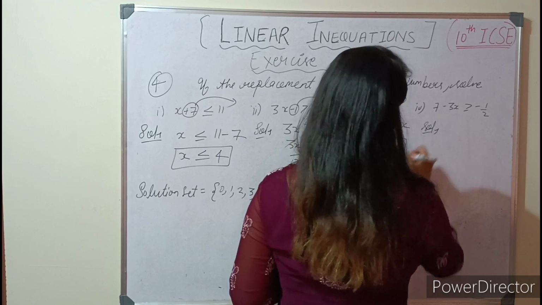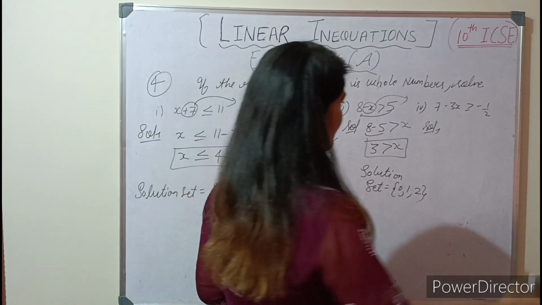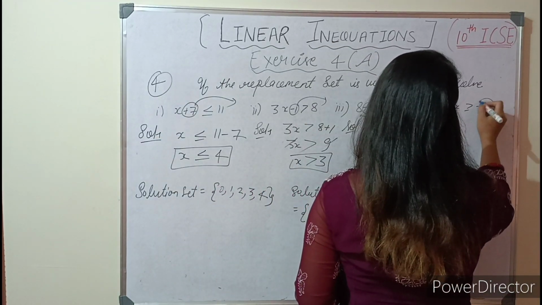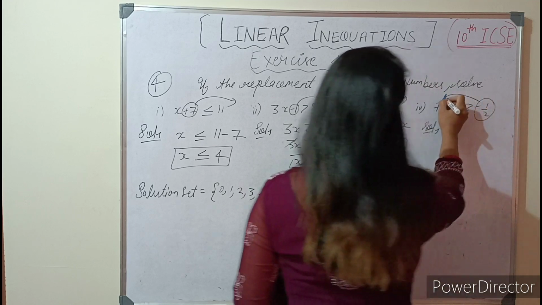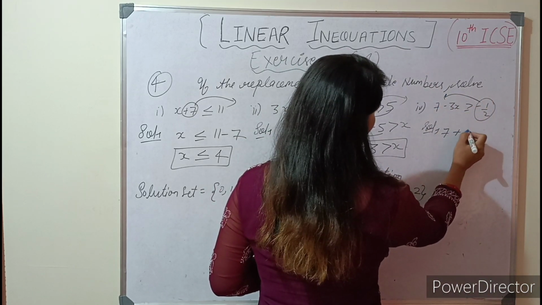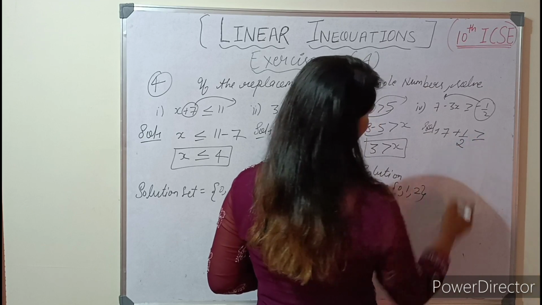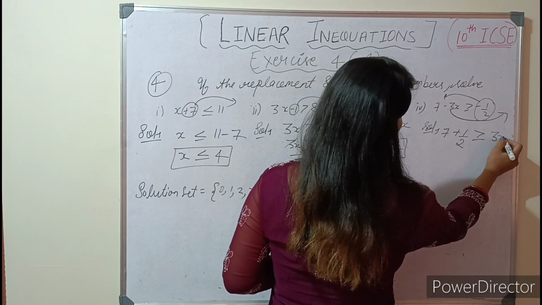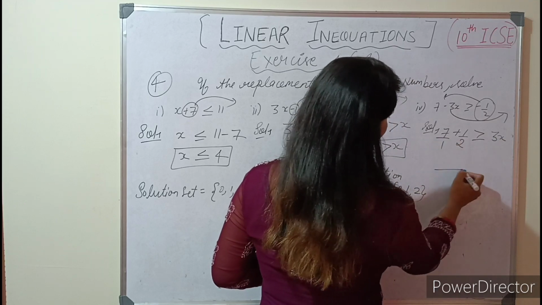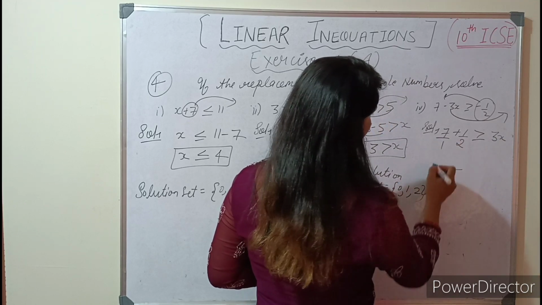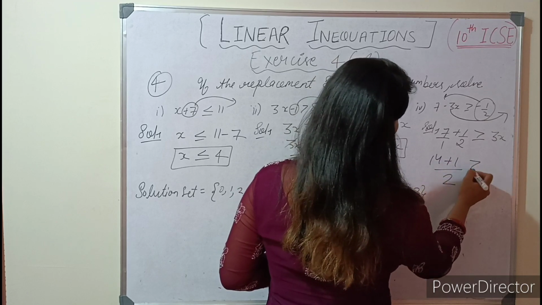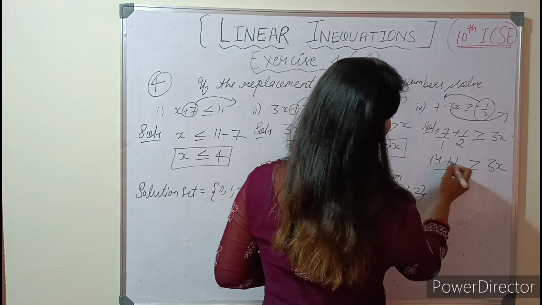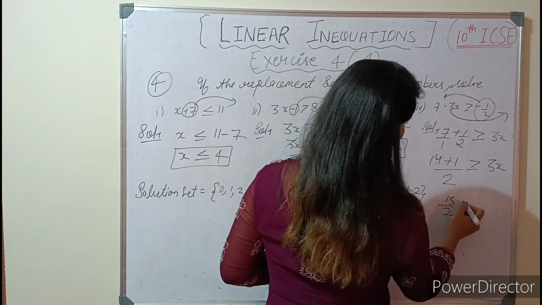Now moving to the fourth part. So here again you need to find the value of x. So in this case you will see this is minus 1 by 2. It will come this side. So 7 plus 1 by 2 and the sign will be as it is. This minus 3x will go to the other side. It becomes plus 3x. Now here we need to find out the LCM. And this is 14 plus 1. This is 3x. So 14 plus 1, this is 15.